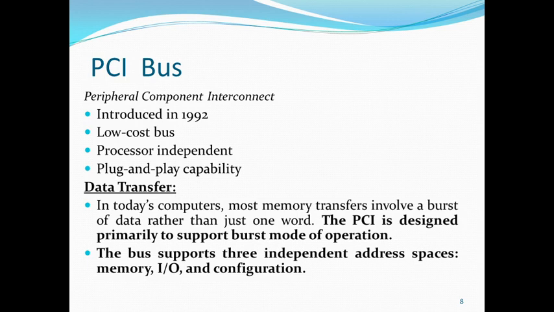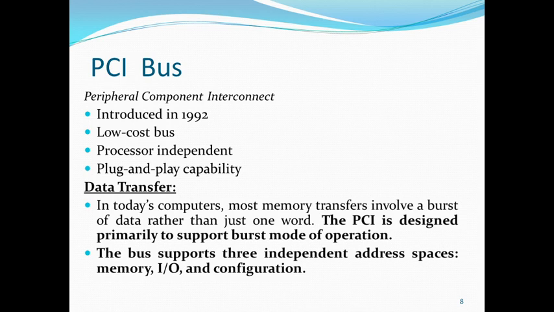Similarly, during a write operation, the processor sends a memory address followed by a sequence of data words to be written in successive memory locations starting at that address. Here, the PCI is designed primarily to support this mode of operation, and a read or write operation involving a single word is simply treated as a burst of length 1.